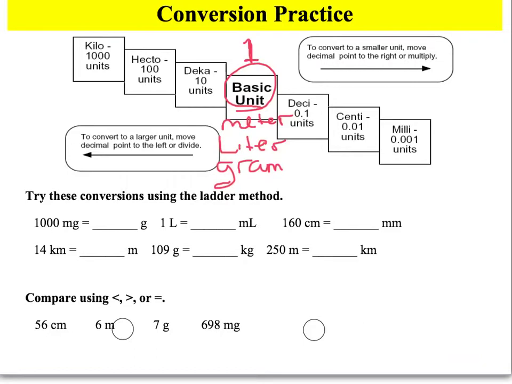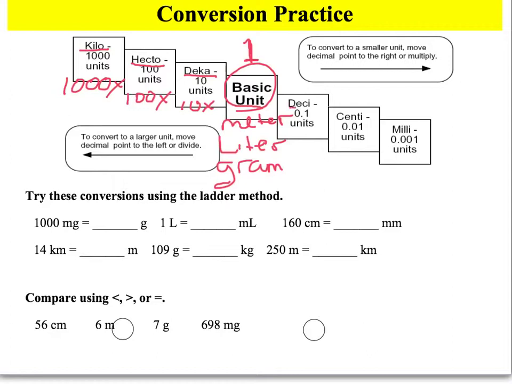So going up from there, you have deca, which holds your tens place. It's 10 times bigger than the base unit. You have hecto, which is in the hundreds place, and it's 100 times bigger than your base unit. And last is kilo, which is in the thousands place, and it's 1,000 times bigger than your base unit.